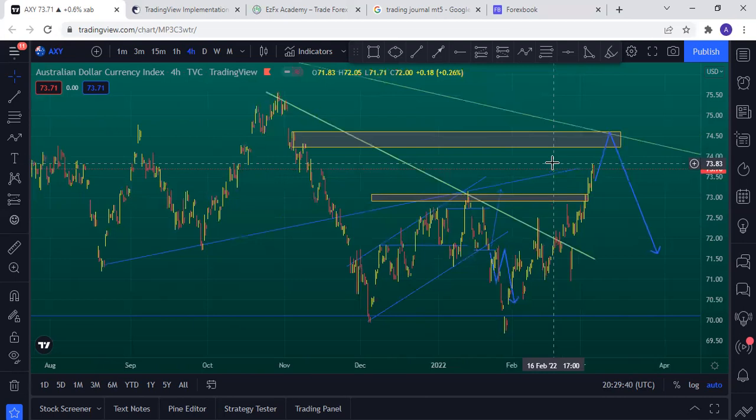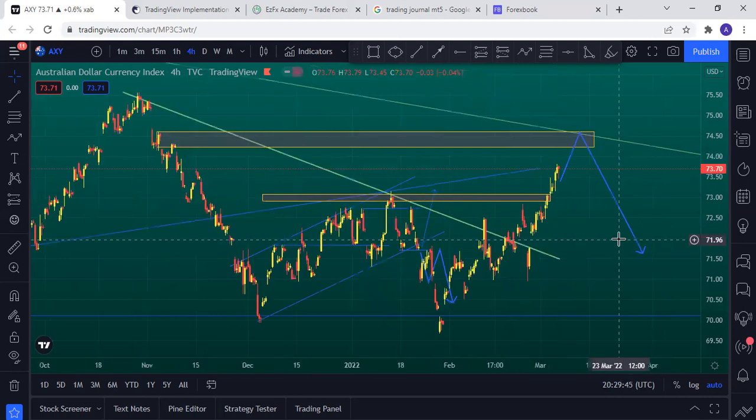So the next thing we want to do, especially for those of you that trade currencies, now that we have this bias, is to go all the way back and check commodities that are paired against the Australian dollar.